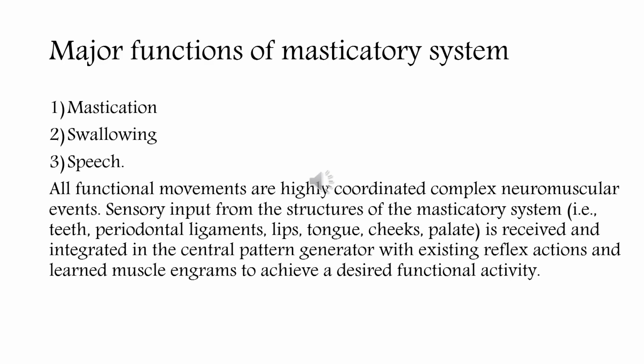Now, after we know the components of the masticatory systems, it's time to know what are the functions and how these functions happen. So the first function of the masticatory system is mastication, then swallowing and speech. And all of these functional movements are highly coordinated by the complex neuromuscular system that we have in our body.